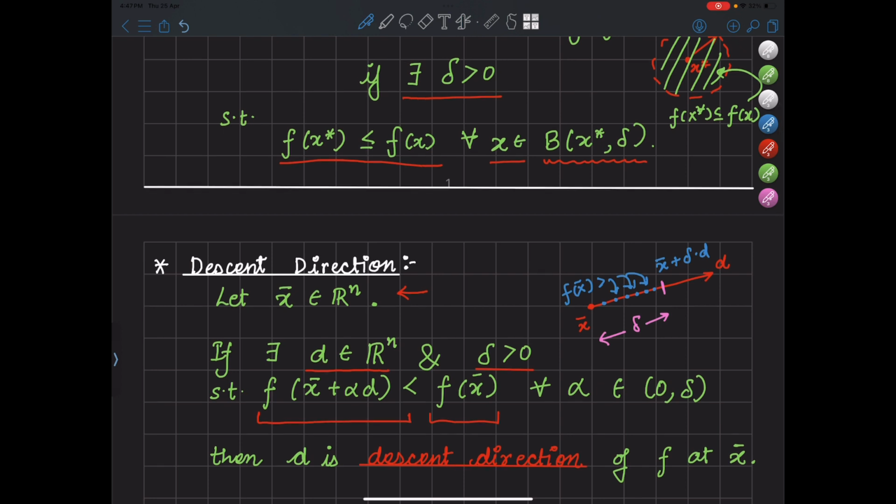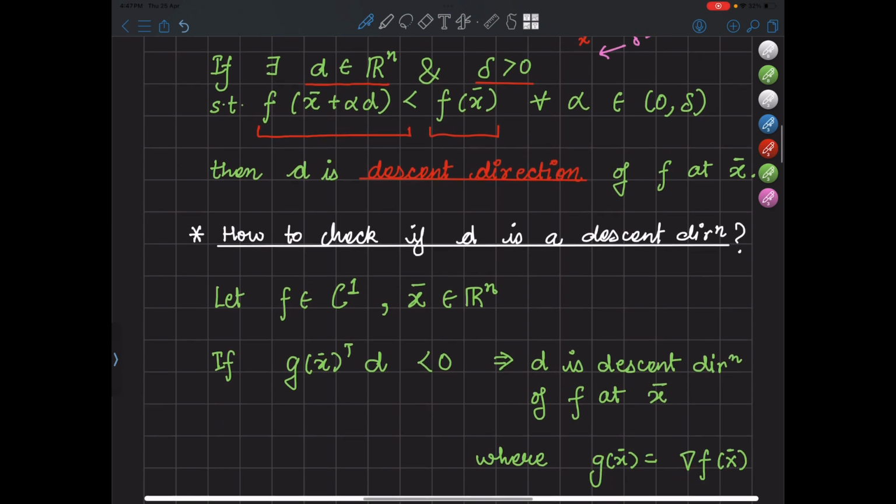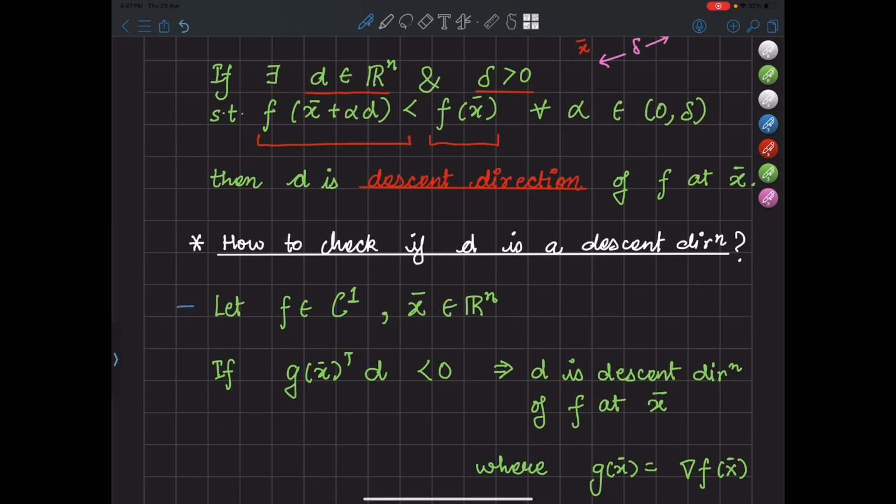Okay, this is the qualitative definition of d, but how do we check whether a given direction d is a descent direction or not? So there is a simple test for that. There are certain assumptions required for this test: f should be continuously differentiable and x bar should belong to Rn.